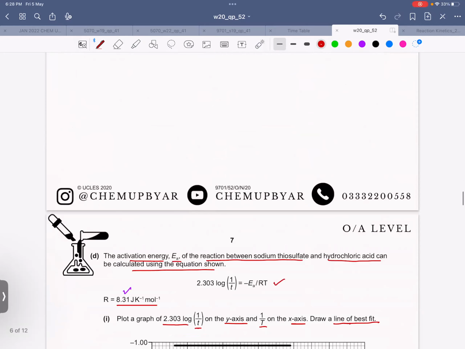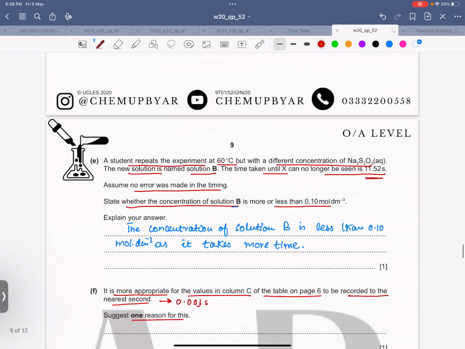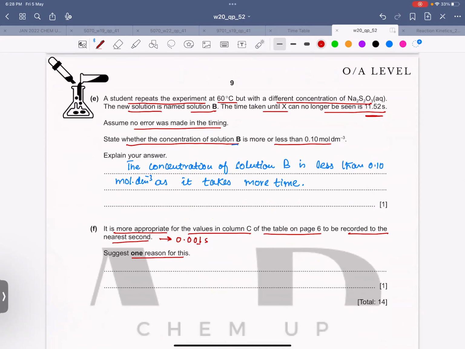Yes, if it's 0.001 second, then obviously we can say it is more accurate. But how could you do it? How could the person who is performing the experiment record to this precision? The timer, after 60 seconds, it becomes 1,000 seconds on the timer.